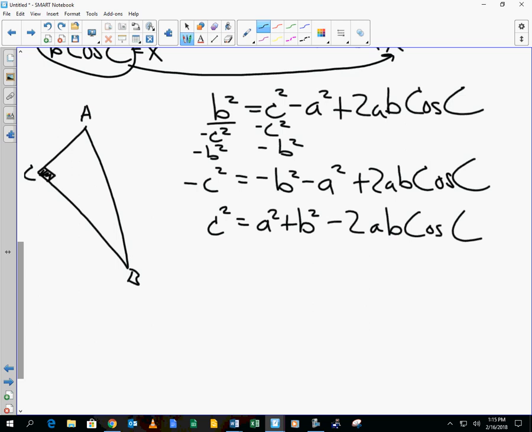What's the terminal point up at 90? 0, 1. Is cosine the x value or the y value? X value. What's the cosine of 90? 0. So when you use 90 degrees, this thing is gone, and you're left with c squared is a squared plus b squared. Pretty cool, huh?